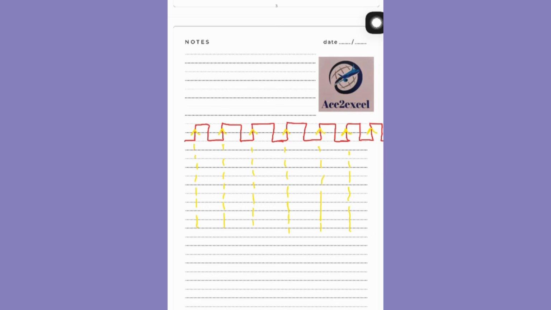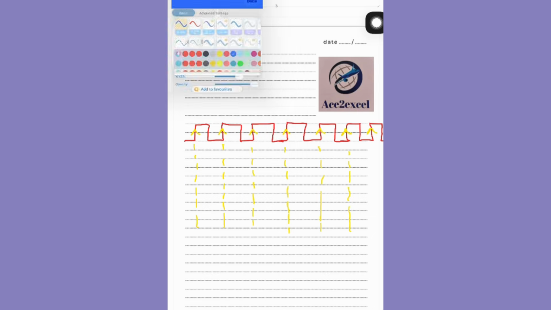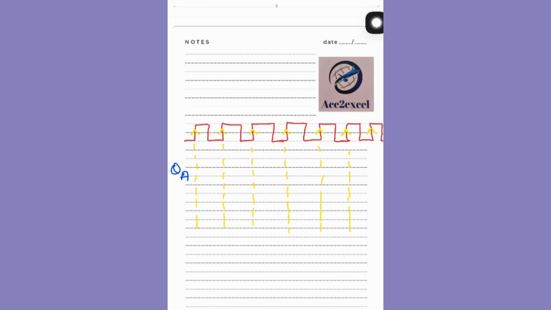Outputs of the circuit are 2, QA, which is your LSB, and QB. First, QA will change its state at every rising edge. It will toggle its state at every rising edge. That is the characteristic of T flip-flop.